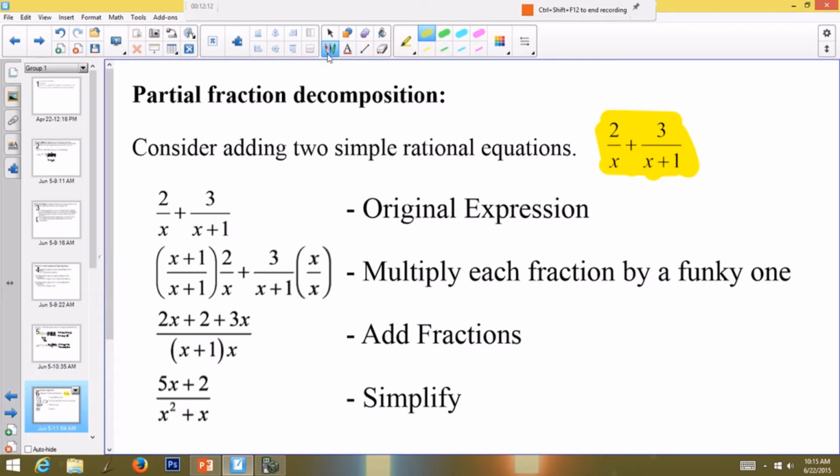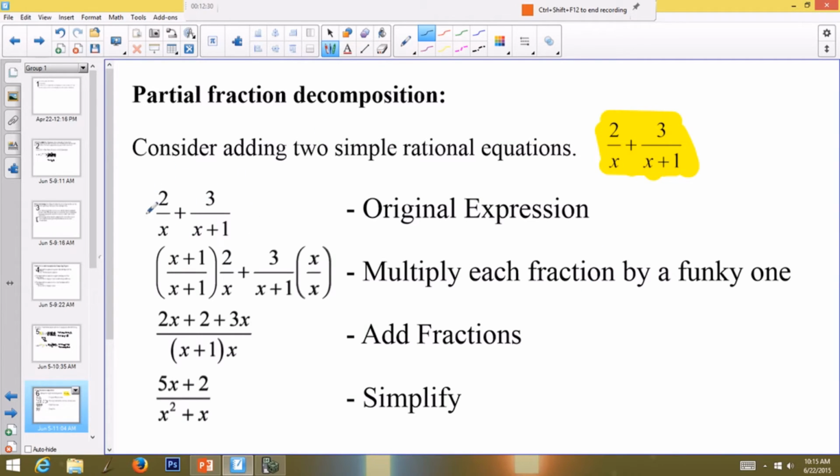Now, if we wanted to do that, just like any other adding of fractions, you would have to find a common denominator. And the least common multiple of x and x plus 1 would be x times x plus 1.